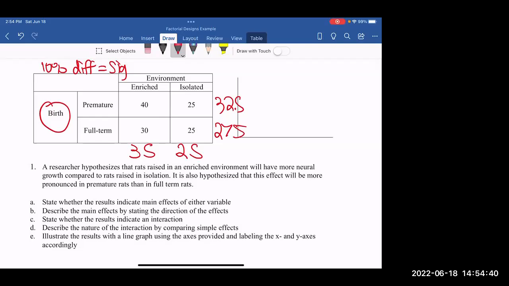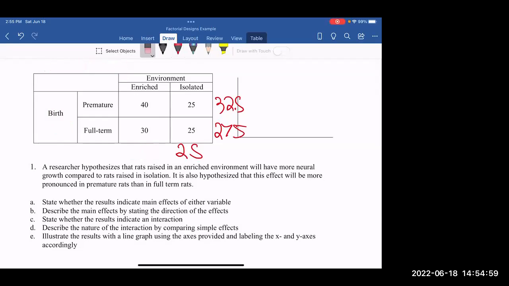Okay, so now we have stated our main effects for both variables. Okay, so our next task is going to be to see if there's a significant interaction.